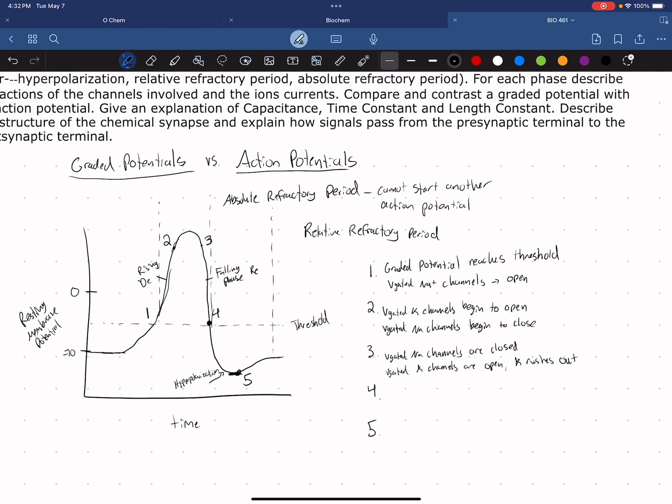Down when we reach point number 4 at the end of this absolute refractory period, the potassium channels are closing, and the rush of potassium slows down.